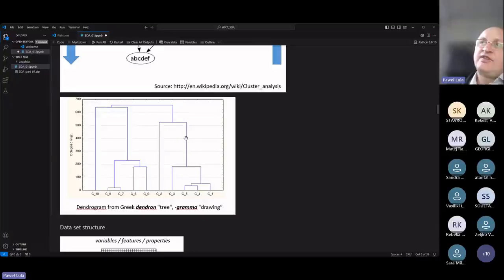And the last cluster is here, and we have four objects in this cluster. So it is a very popular method for analyzing dendrograms. I will show you in some minutes how to prepare a program for cutting this dendrogram.